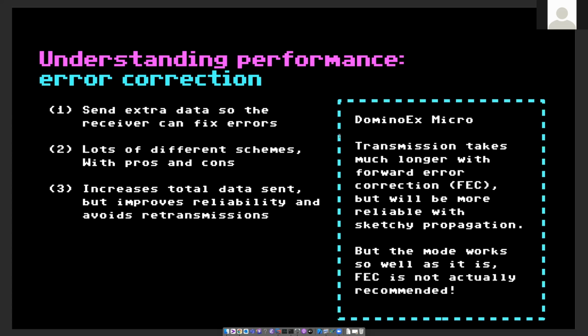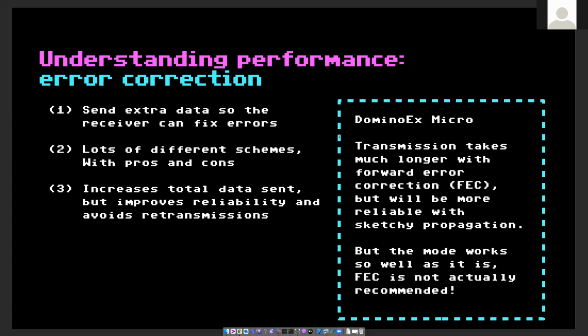So forward error correction is when you add extra data so that the other side can recognize when there are errors and correct. Right? So if I get on SSB voice and I say N5HXR, that's my call sign, maybe somebody doesn't hear the difference between an N and an M, a November and a Mike. Well, the use of the phonetic alphabet is actually a form of forward error correction.